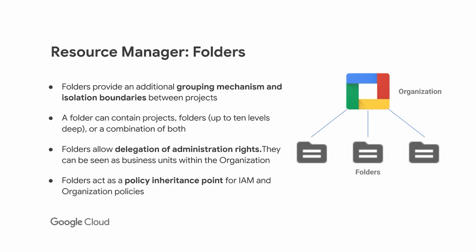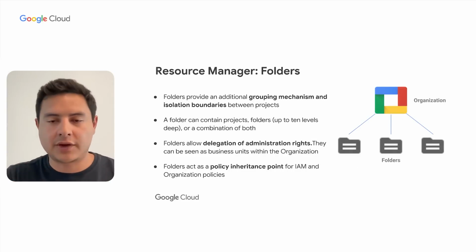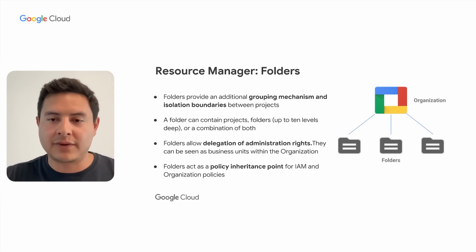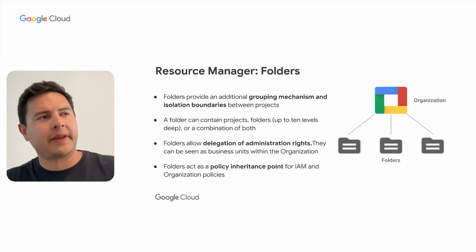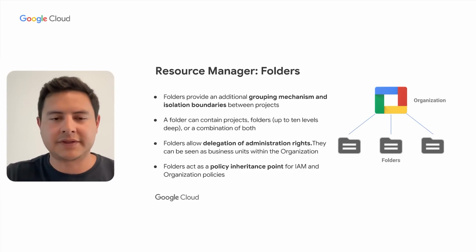So it's a policy inheritance for IAM policies when you set them up at the organization level. So each folder can have different groups that are managed by other groups. And that's how you basically give access to other projects. If you can, it's better to do it at this level rather than the project level, because you give a hierarchy or an inheritance point rather than managing each folder individually or each project individually.